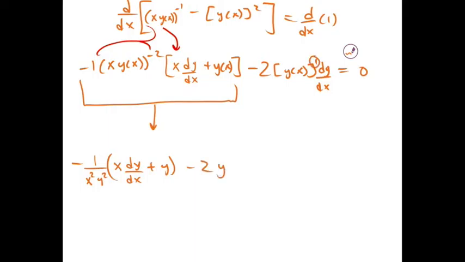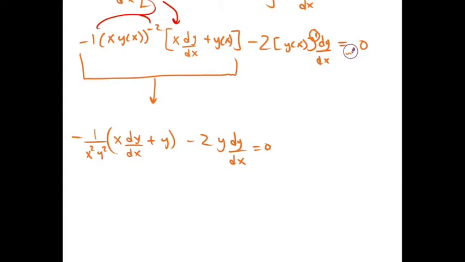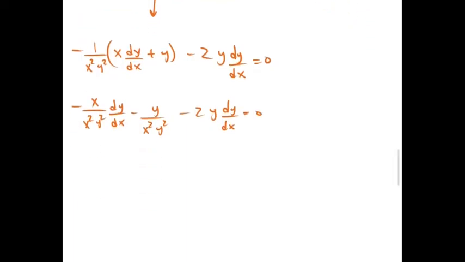And this isn't prime. This is a 1, just to make sure. Dy dx equals 0. Multiplying this out all the way, we get negative x over x squared y squared dy dx minus y over x squared y squared minus 2y dy dx equals 0.